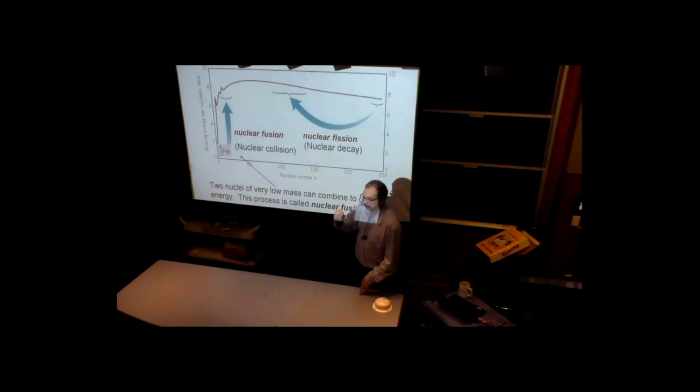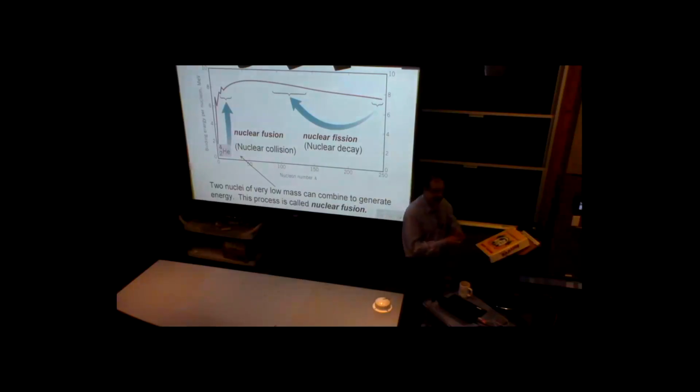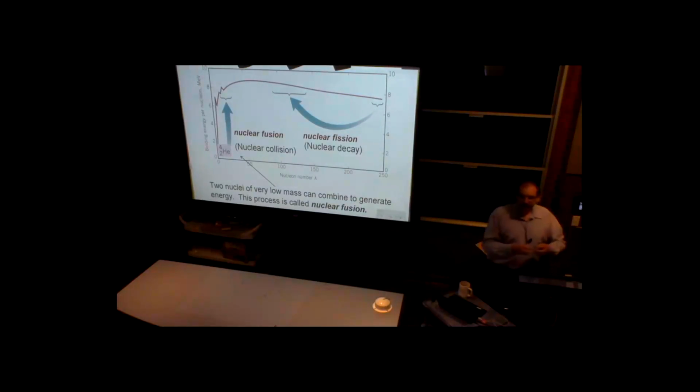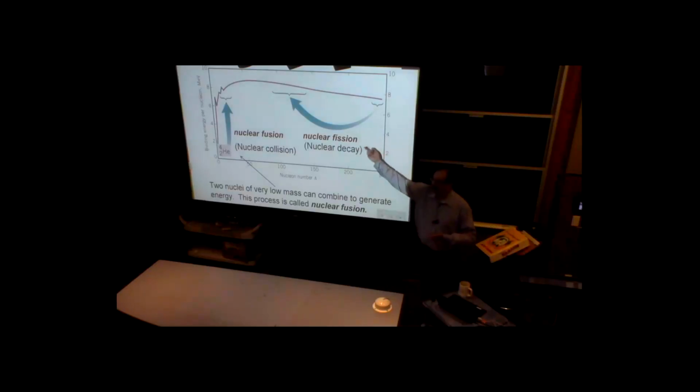If we take two light nuclei, like two helium atoms, or two isotopes of hydrogen, a deuterium and tritium, and we collide them, if we're able to bring them very, very close to each other, they start to interact with each other, and then they explode again, and the energy release in that situation is much larger than the energy release during any known decay.